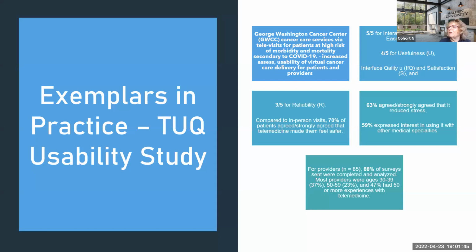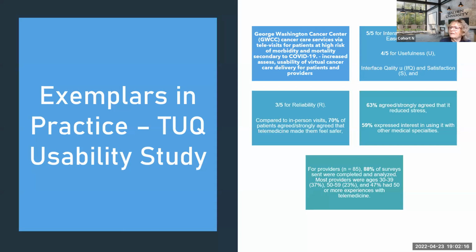And then 63% agreed that it reduced stress, the stress of having to get ready and travel and waiting and those types of things. I thought too, one of the most interesting findings was that within this university practice setting, 88% of the provider surveys were completed.